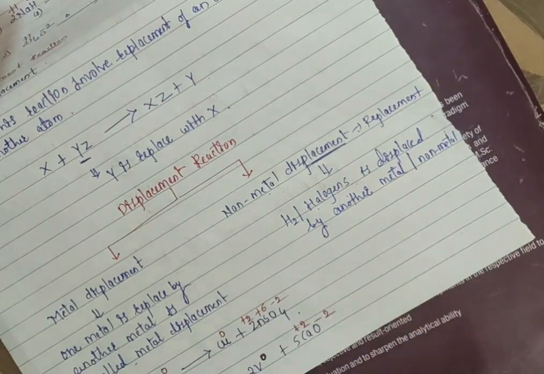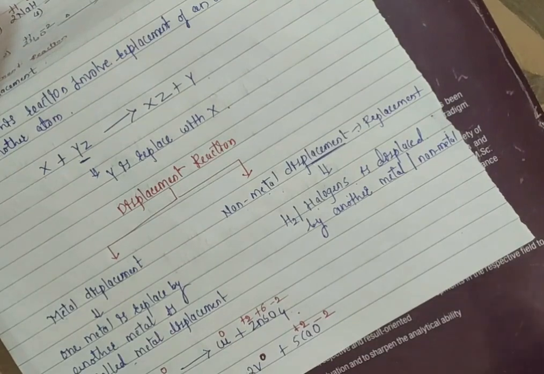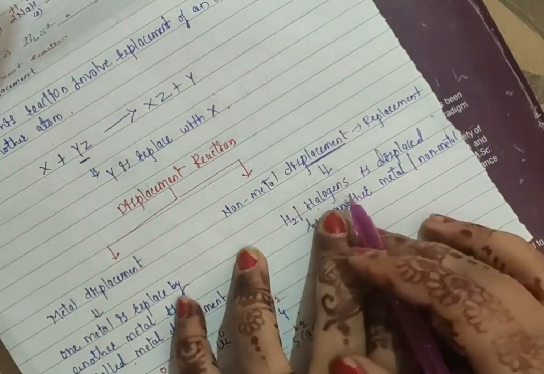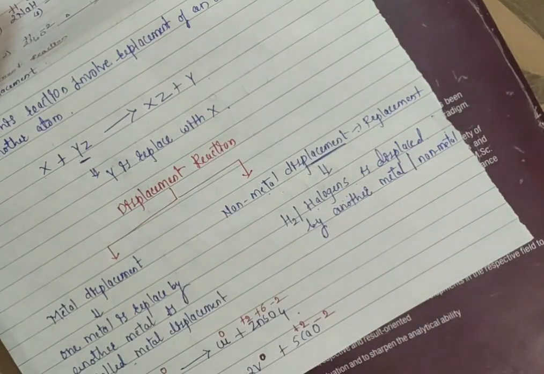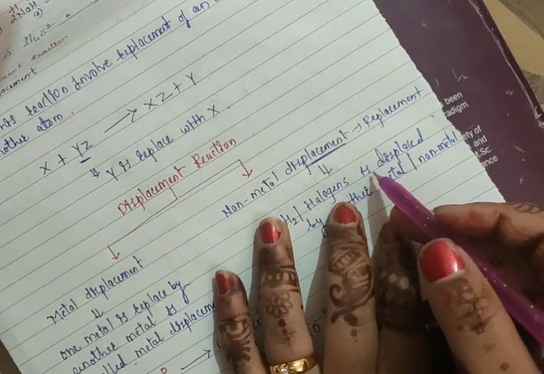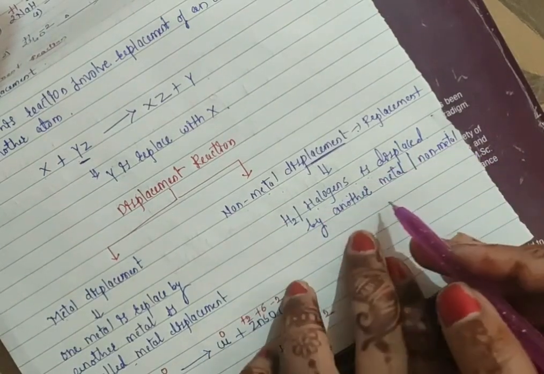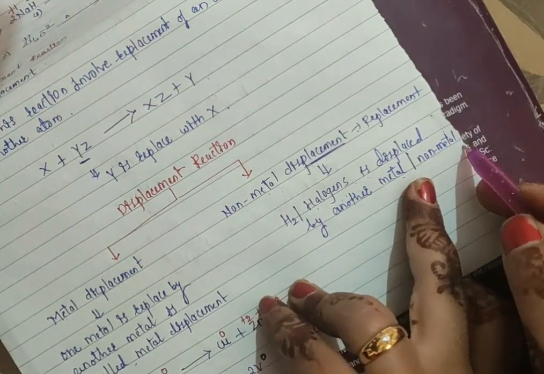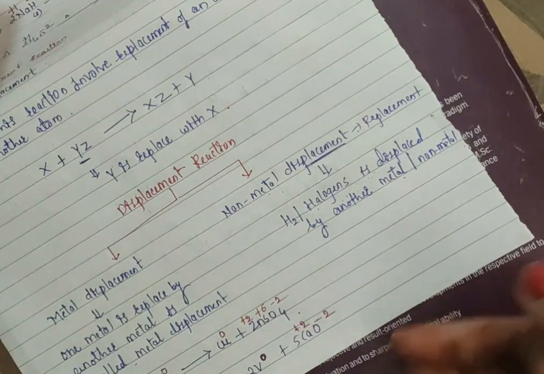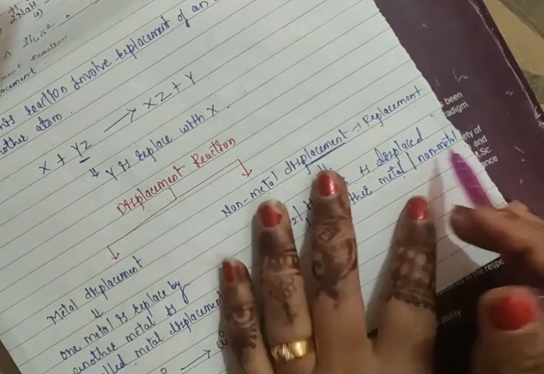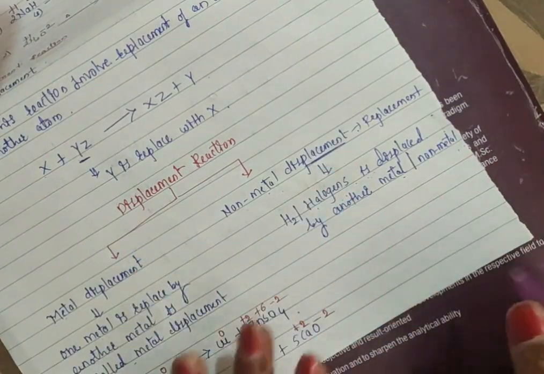The non-metal is nothing but hydrogen. In the reaction, suppose we have hydrogen and also halogen. This hydrogen and halogen can be replaced with a metal or non-metal. So hydrogen and halogen are replaced by another metal, or they may be replaced by a non-metal. This is called non-metal displacement.